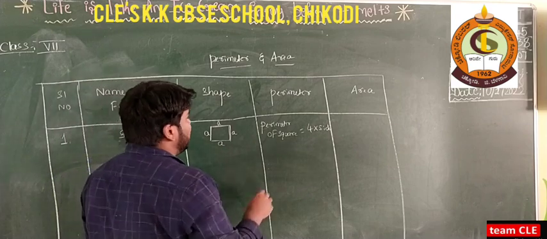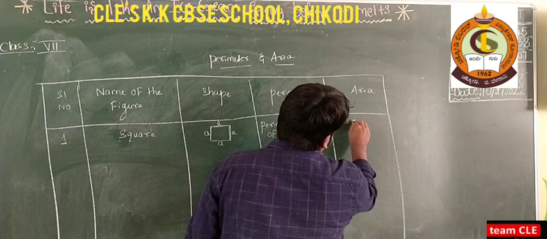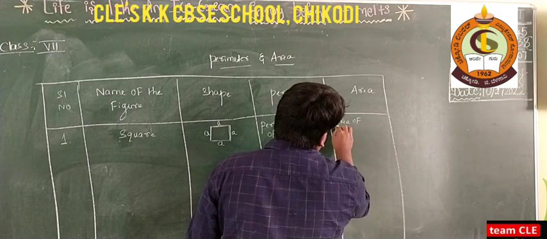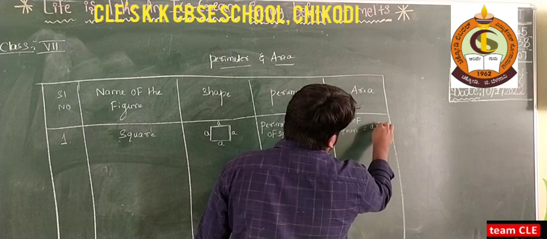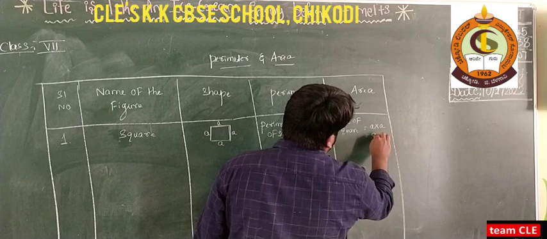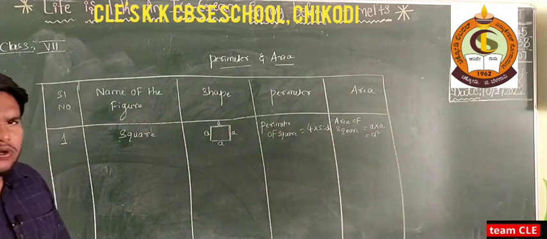Perimeter of square is 4 into side. This is A, the sum of 4 sides: A plus A is 2A, plus A is 3A, plus A is 4A. So perimeter of square is 4A, and area of square is side into side, that is A into A, which equals A square.